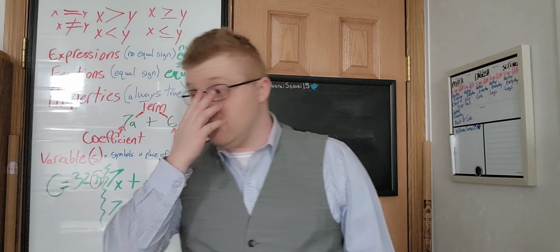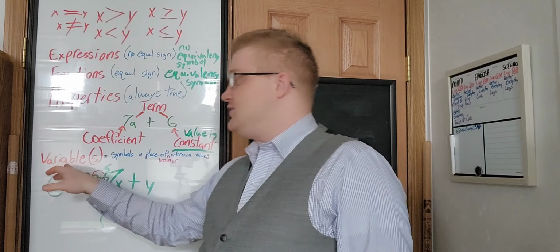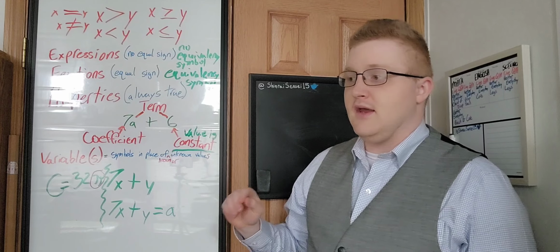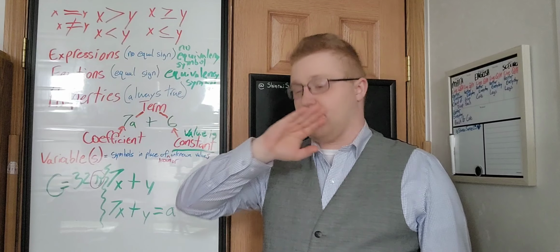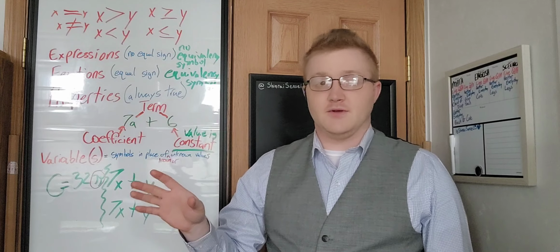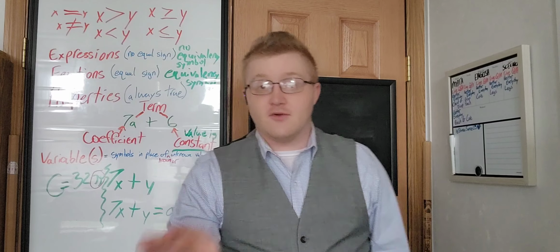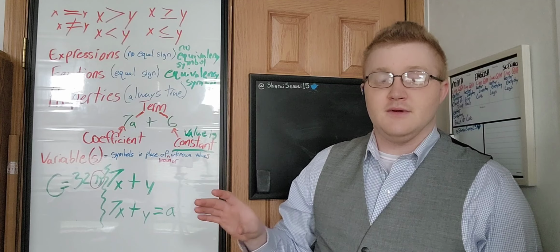But the other issue you can come into is that, since you can have a known value for that variable in there, if you solve for variables without substituting their values in, you can create an equation that is falsely equivalent.